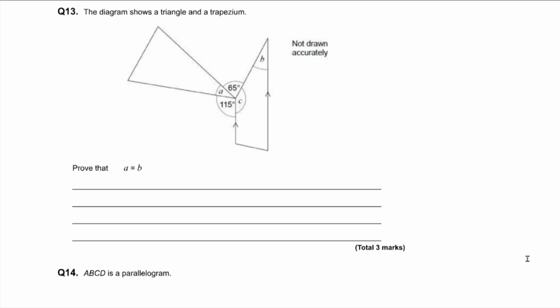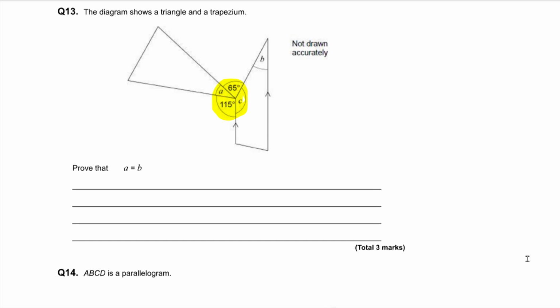Question 13, the diagram shows a triangle and a trapezium. Prove that A is equal to B. Interesting question. We've got angles at a point here, haven't we? So we know that these add up to 360 degrees.